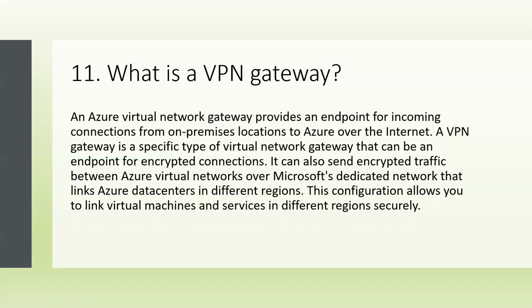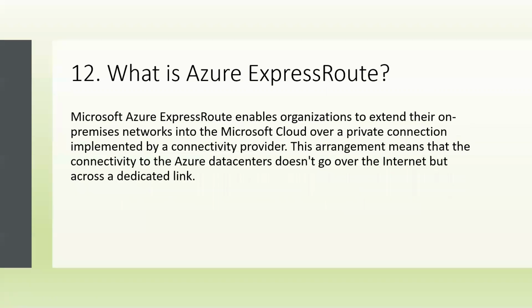Each virtual network can have only one VPN gateway. However, you can create multiple connections to the same VPN gateway. When you create multiple connections to the same VPN gateway, all VPN tunnels share the available gateway bandwidth.